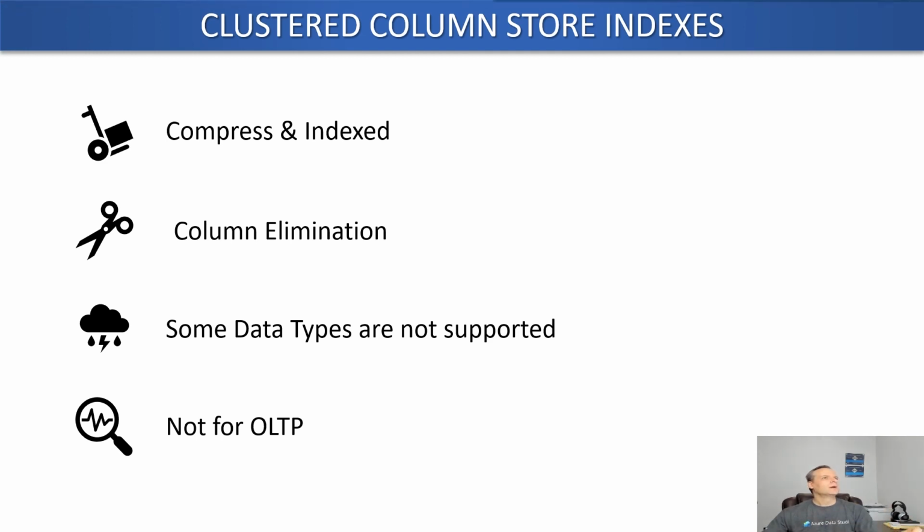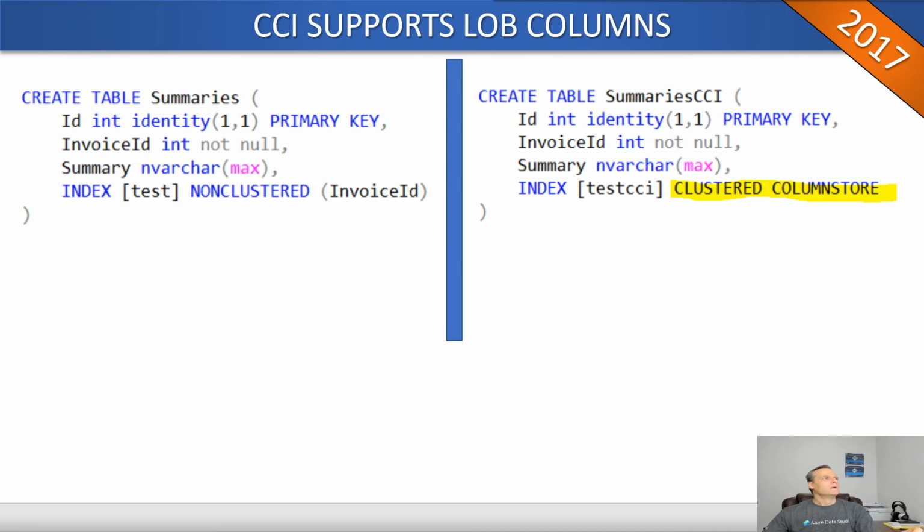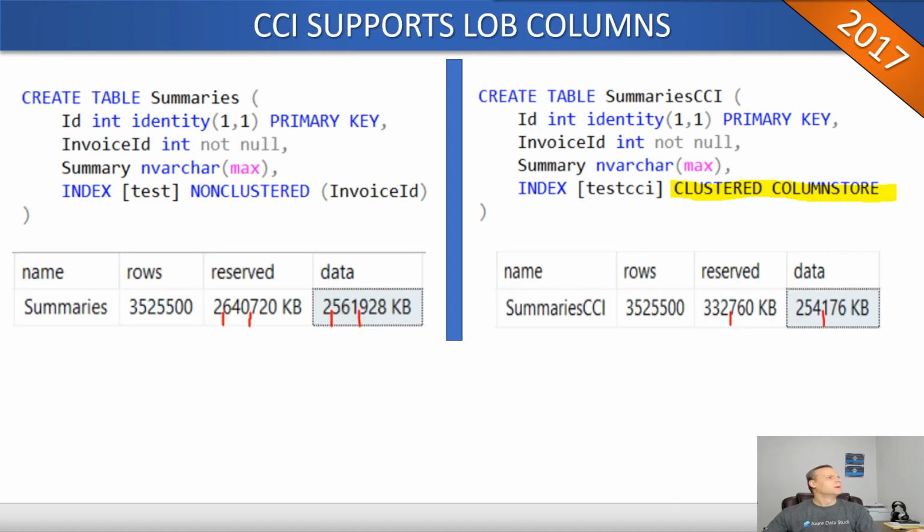Here's a quick example. As you can see, on the left side we have a summaries table, and on the right side we have another summaries table, and one of them is using the columnstore, the other one doesn't. When we put some data in it, I'm adding 3.5 million rows here, and as you can see, the size of the data is significantly lower for the columnstore summaries.